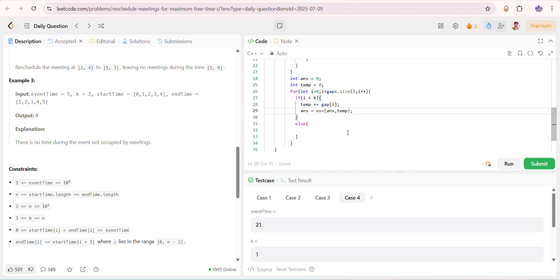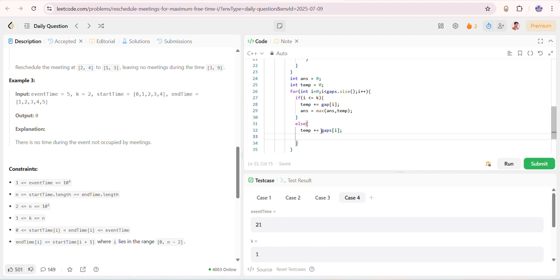Okay, now if k have passed, means now we are having k elements, so what we should do, first of all we have to take the present gap, because the present gap is needed, and we have to remove the previous one because we have to maintain a sub array of size k.